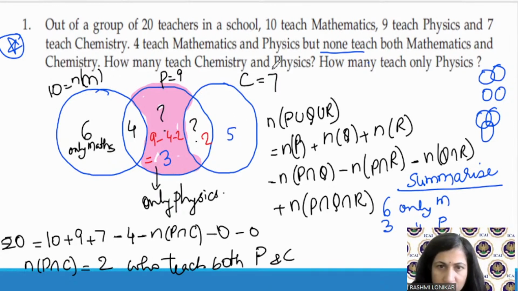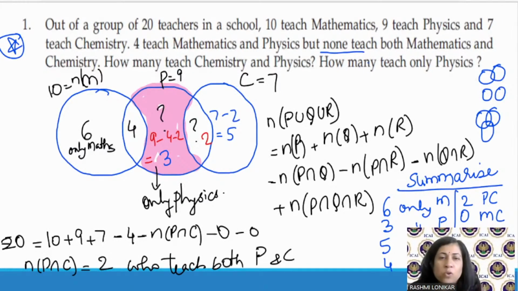Okay. 7 minus 2 is 5. 5 teachers, only chemistry. Then I have 4 teachers, physics and maths. I have 2 teachers, physics and chemistry. 0 teachers, maths and chemistry. Okay. So this is how this sum is going to look.